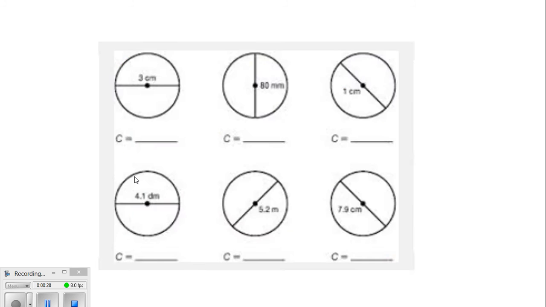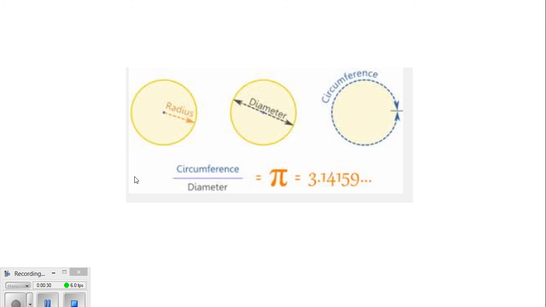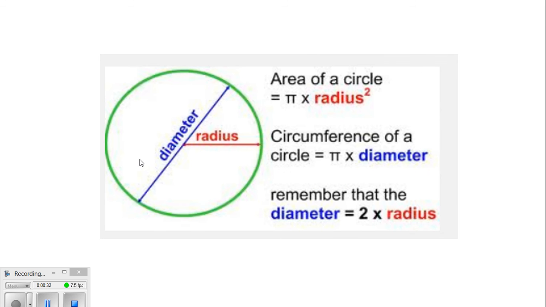We know in a circle, sorry, this keeps on moving ahead. In a circle, the diameter is labeled in blue, the radius, half the diameter, is in red, and the circumference is the distance around, which is in green.